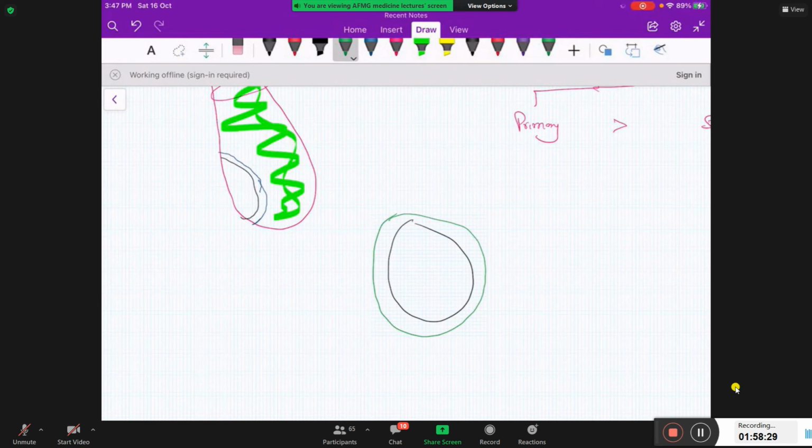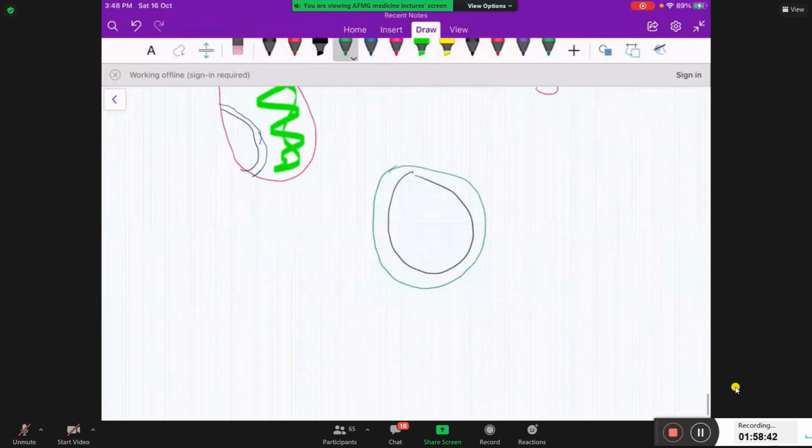Now, tunica vaginalis is nothing but a peritoneum only. It's a remnant of processus vaginalis. That is why it is called tunica vaginalis. Now, this is a peritoneum, so it secretes fluid. It has a property to secrete fluid, right? And this tunica albuginea absorbs this fluid. So in a normal situation, no collection of fluid happens around.